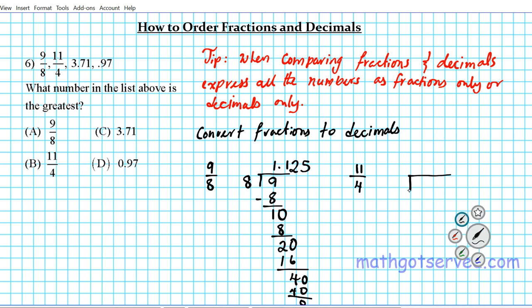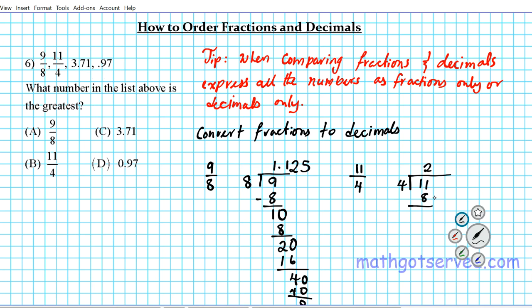All right, so let's do it here. 11 over 4, top dog goes in the dog house, put the 4 here. How many times does 4 go into 11? 4 goes into 11 2 times. So you have 2 times 4 is 8, and you can automatically see that this number, 11 over 4, is smaller than 3.71.